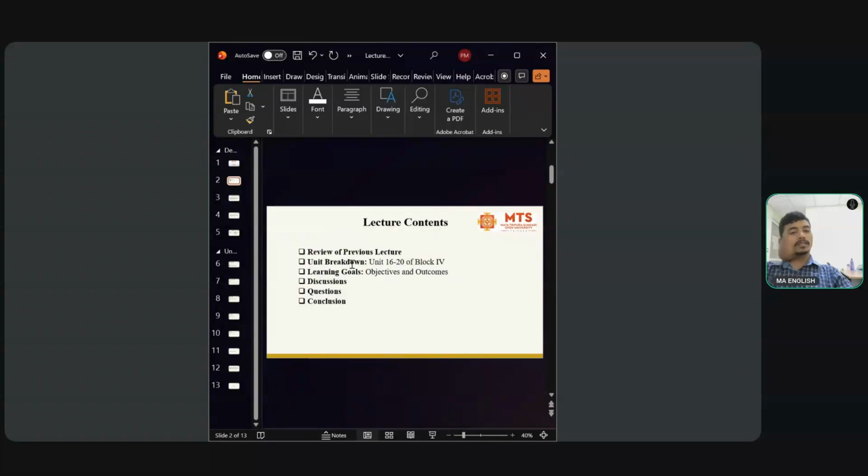This will be the lecture content of today: first, a review of literature, then the unit breakdown from unit 16 to 20 of block 4, then the learning goals, that is objectives and outcomes, then we shall discuss and give you some questions, and finally we shall conclude the discussion. Right, now let's move on.